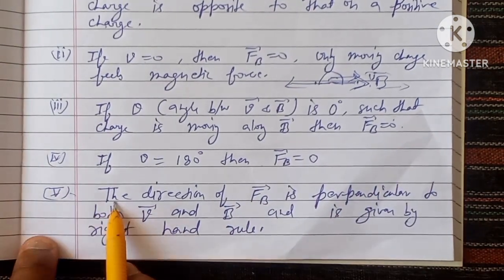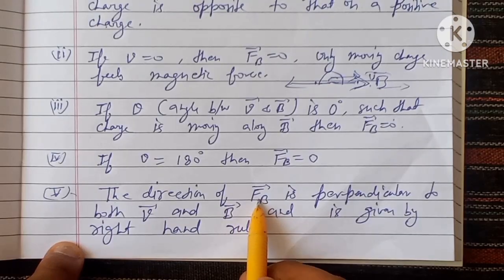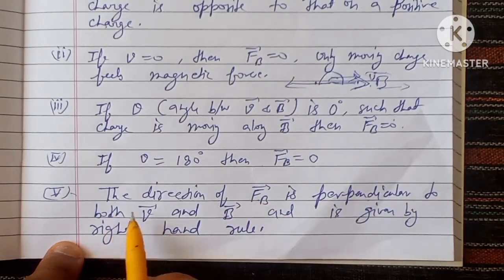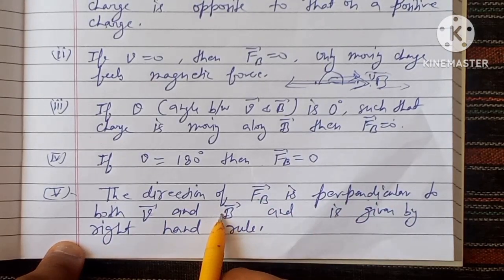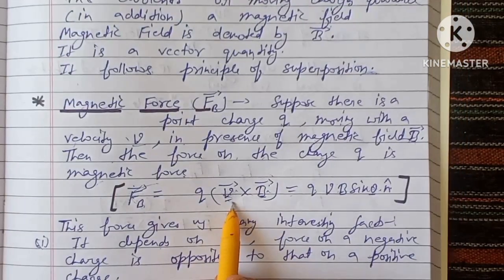Another conclusion is that the direction of magnetic force is perpendicular to both V and B, since this is a cross product.